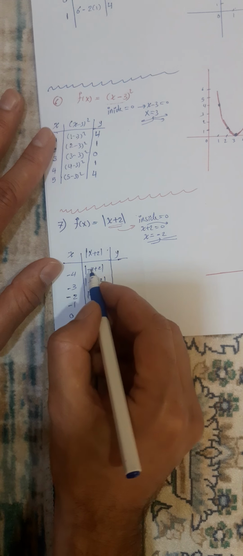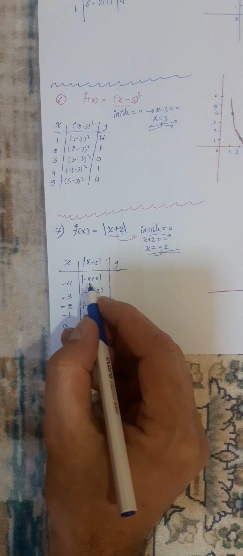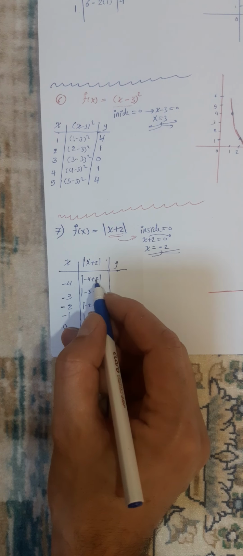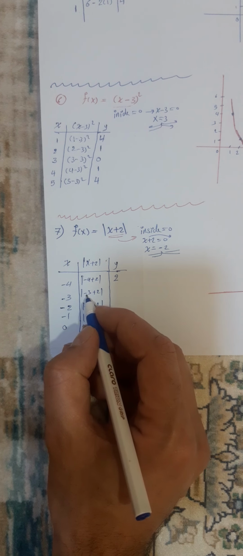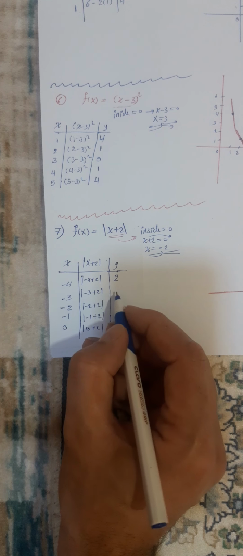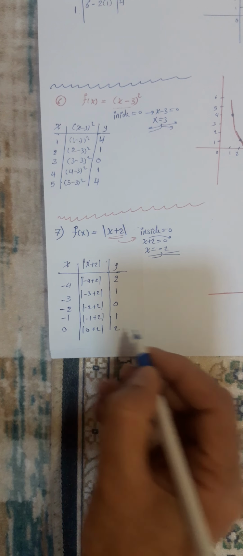Now absolute of negative 4 plus 2 is absolute of negative 2, which is positive 2. Negative 3 plus 2 is negative 1, absolute is 1. Then 0, 1 and 2.